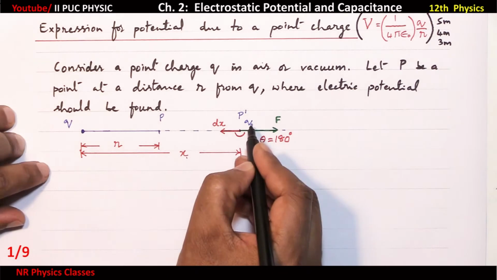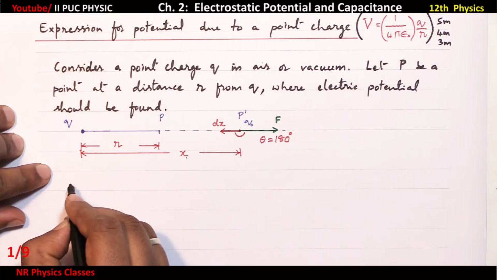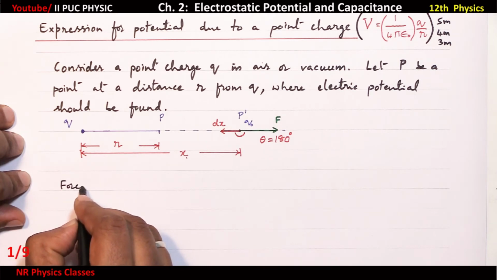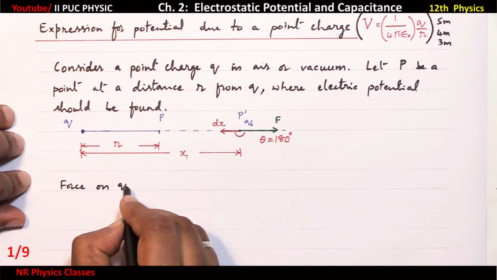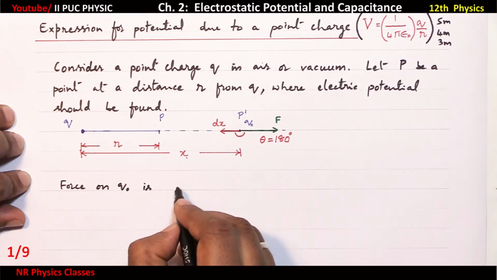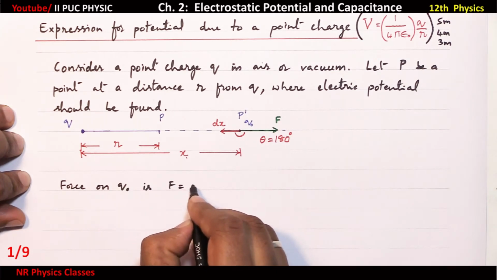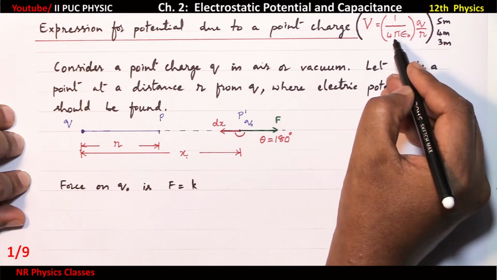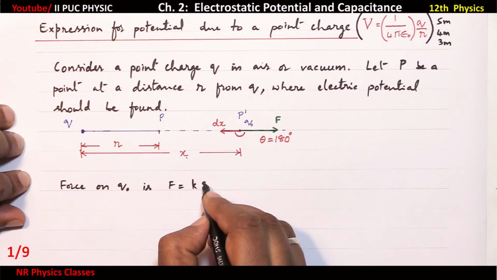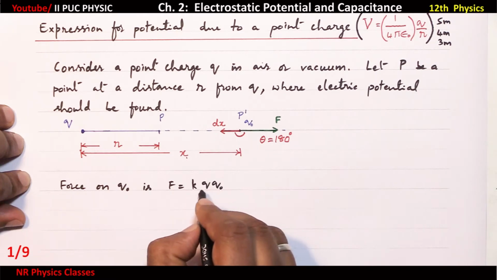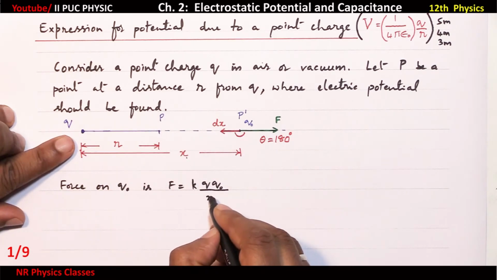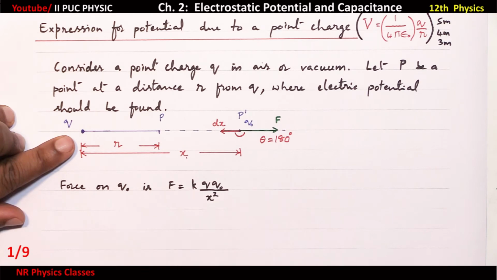First step, force on Q0. Force on Q0 is F equals constant, this constant is 1 by 4 pi epsilon naught, into the product of the charges, Q Q0, by the distance between these two charges, x squared. So it is inversely proportional to the square of the distance. This is the expression for force.